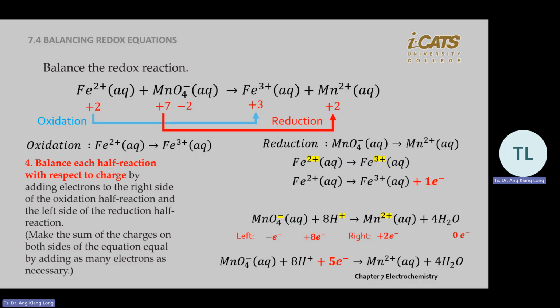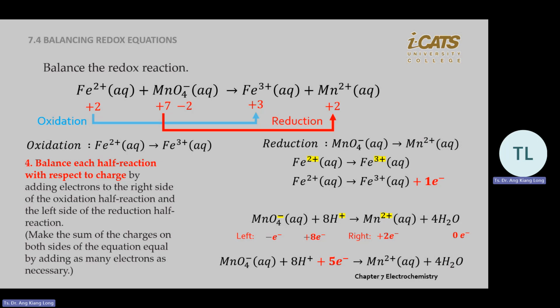For a reduction process, the electron that you write, like in this case plus 5e, should be on the left and not on the right. So minus 1 plus 8, then moving this to the left, you get 5. It's like balancing mathematics. Plus 2 here, move to the left, becomes negative 2e. Can you understand why this suddenly becomes 5e?